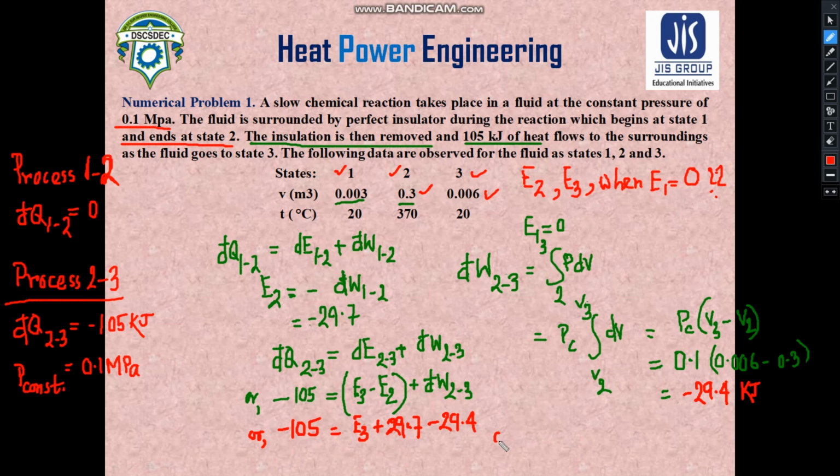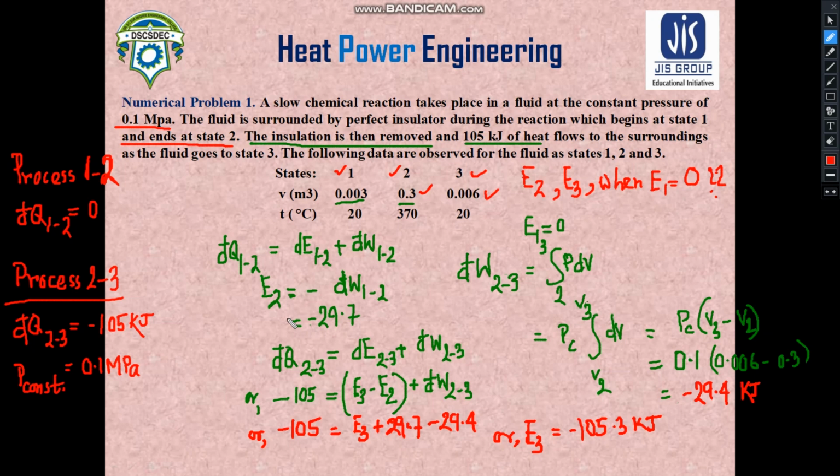Therefore E3 can be calculated as minus 105.3 kilojoule.